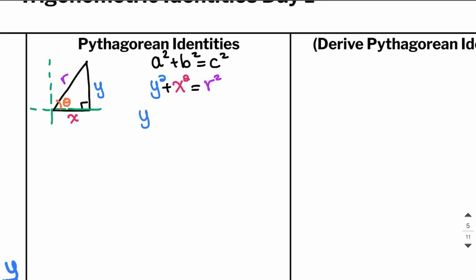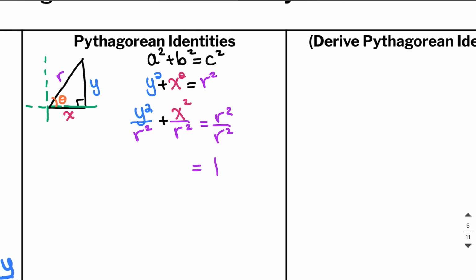So this is going to say y squared over r squared plus x squared over r squared is going to equal r squared over r squared. Now we know that r squared over r squared is going to be 1.